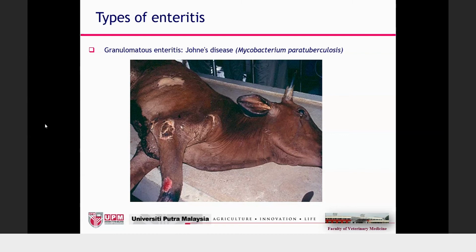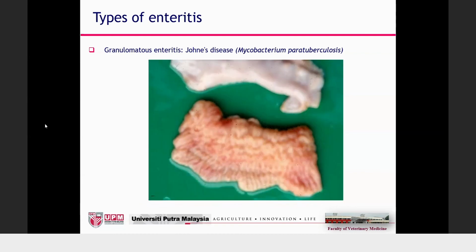And when you open and look at the intestine, this is how it looks. When you compare with the tuberculosis in deer, you don't see a lot of necrosis, hemorrhage, and necrotizing tissue. What you see here is only thickening of the intestinal wall, because it is opaque there, and transversely folded intestinal mucosa.